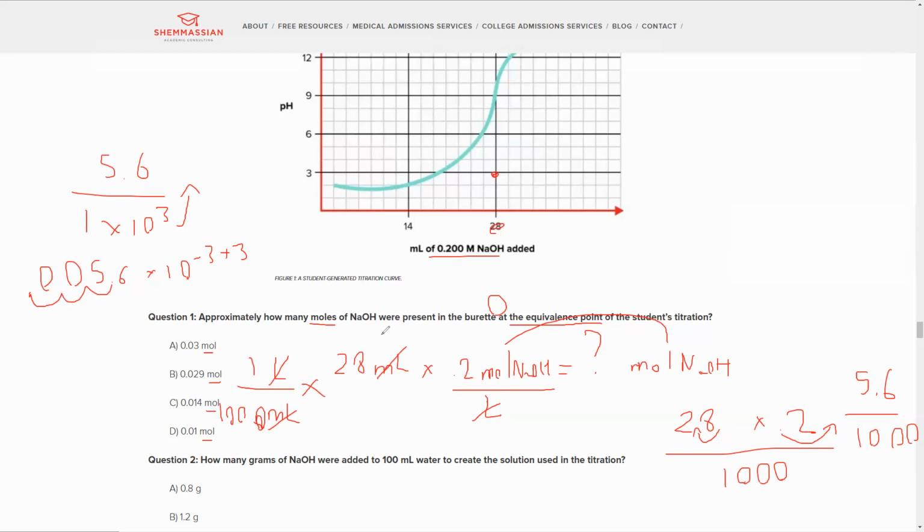The milliliters and mils cross out, the liters and liters cross out, and then we're left with moles and moles.